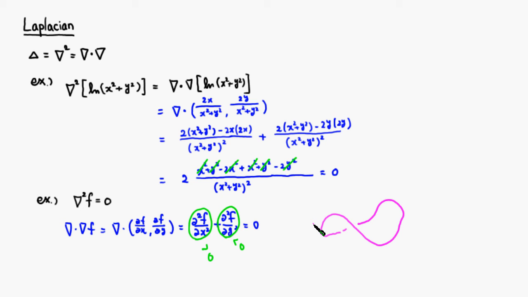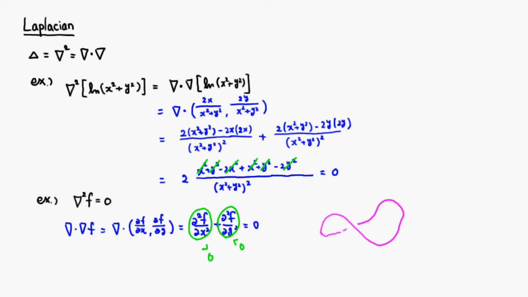The Laplacian equal to 0 is a good way to describe this surface, because the surface is trying to contract itself to the smallest possible area.